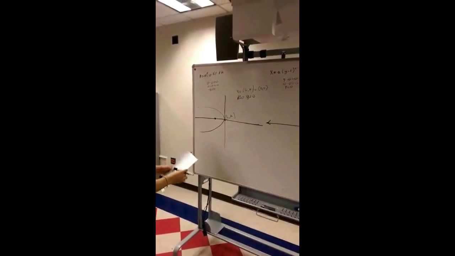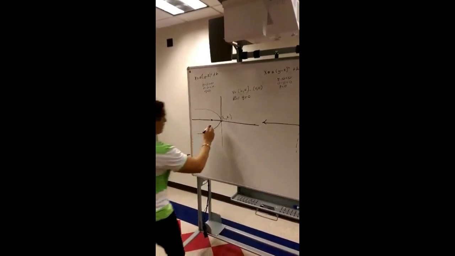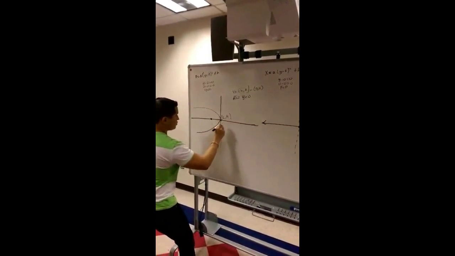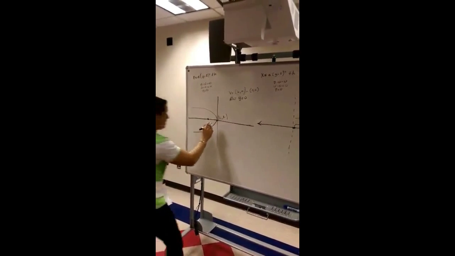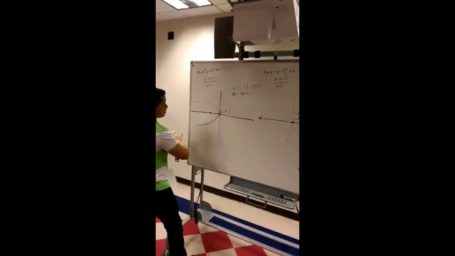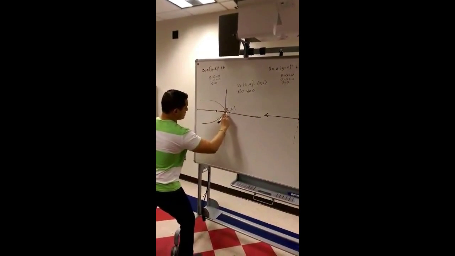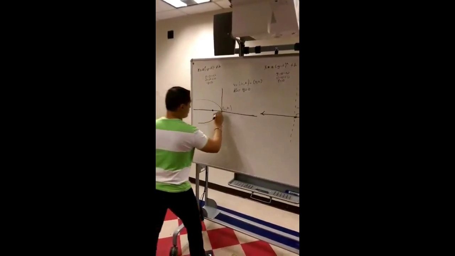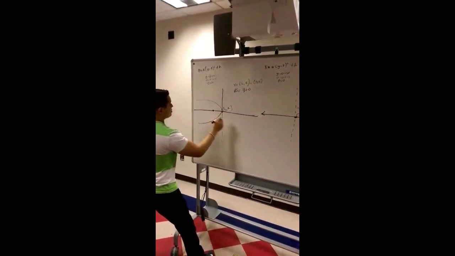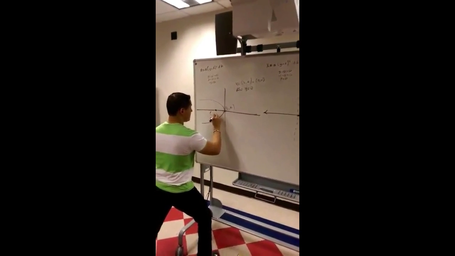In order to find the focus, we know that K is equal to 0, and we're not going to move K. We're going to stay in y equals 0. The one that we're going to be manipulating is going to be H, not K, because we're going to stay in y equals 0.